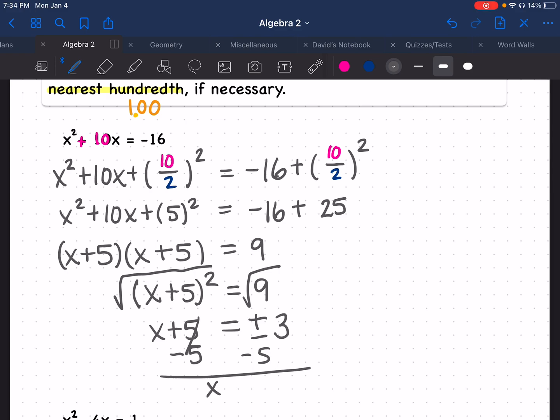Negative 5 plus or minus 3. I'm going to go ahead and split this into my two answers, which is negative 5 plus 3, or negative 2. There's my first answer. And then my second answer would be negative 5 minus 3, which is negative 8.